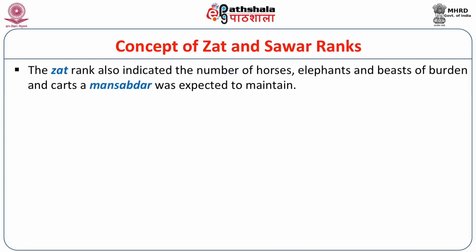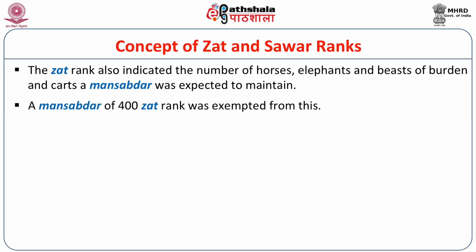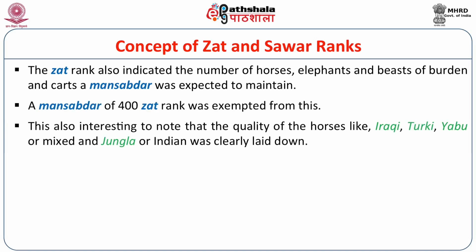The Zat rank also indicated the number of horses, elephants, beasts of burden and carts a Mansabdar was expected to maintain. A Mansabdar of 400 rank was exempted from this maintenance, of course. It is also interesting to note that the quality of the horses, like the Iraqi, Turki, Yabu or the mixed Indian breed which was called Jangla, were clearly laid down.